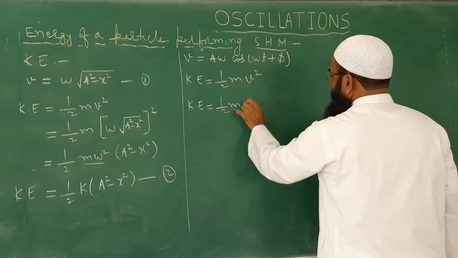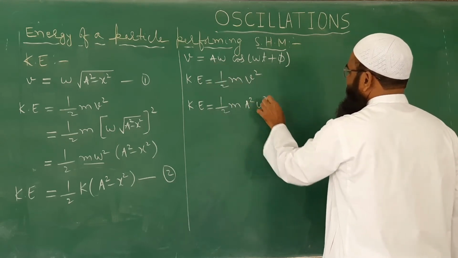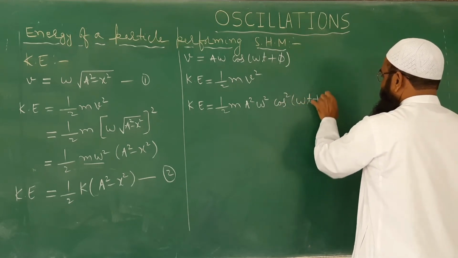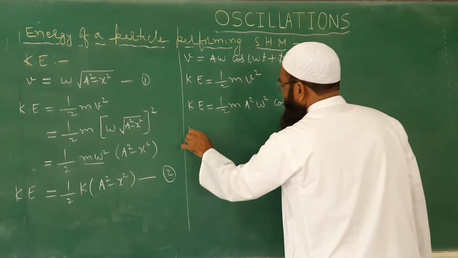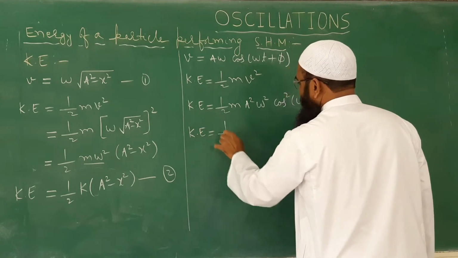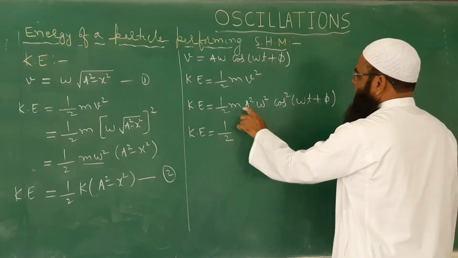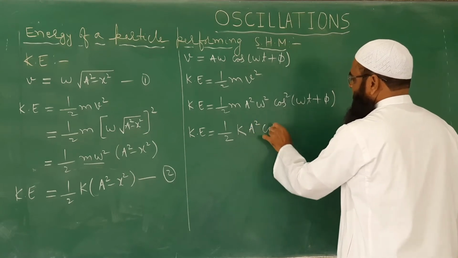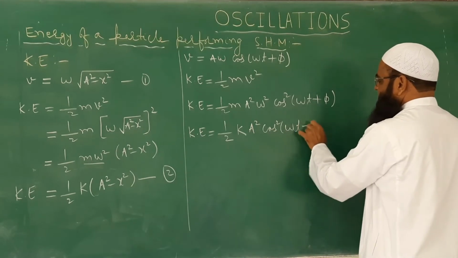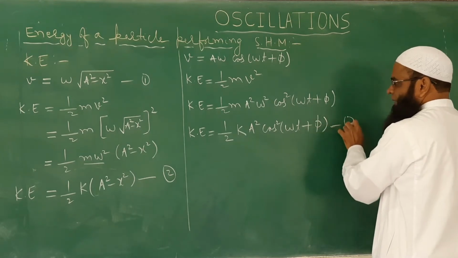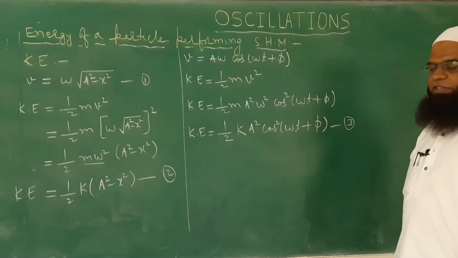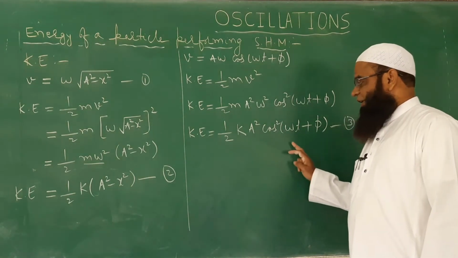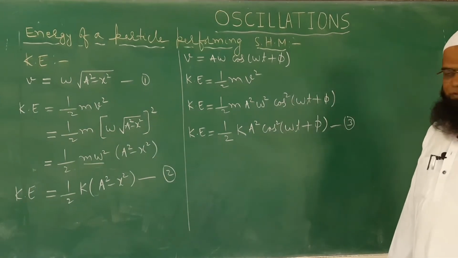So a will become a square, omega will become omega square, and cos square of omega t plus phi. If I rearrange it, then kinetic energy is equal to half, now m omega square can be written as k, a square cos square of omega t plus phi. Equation number 3. So this is also an equation for the kinetic energy of a particle performing simple harmonic motion.